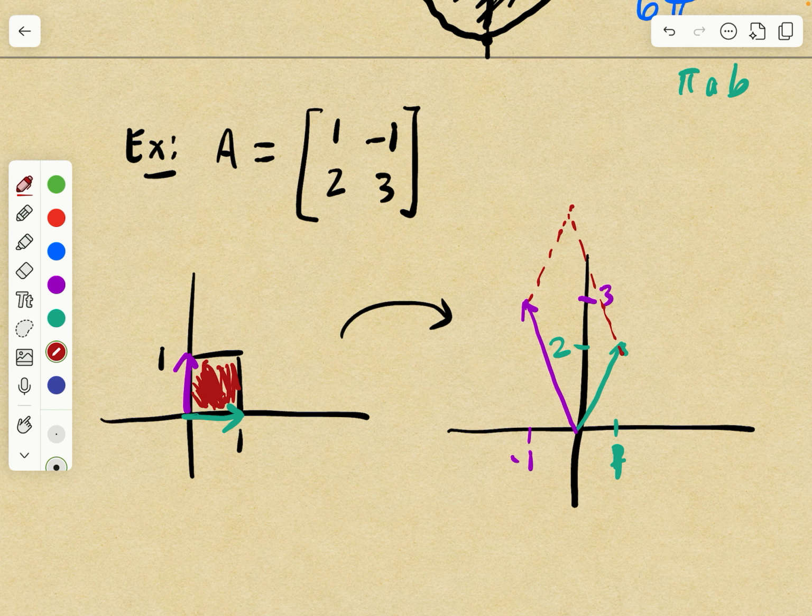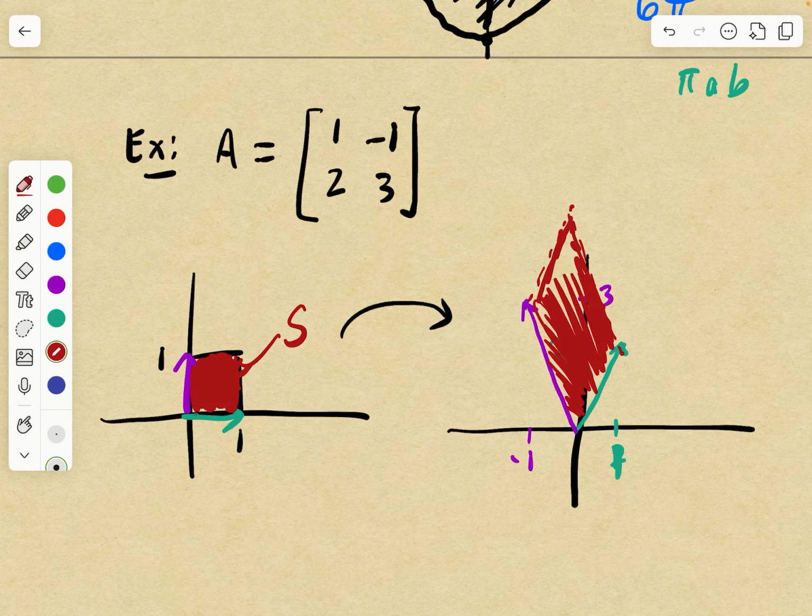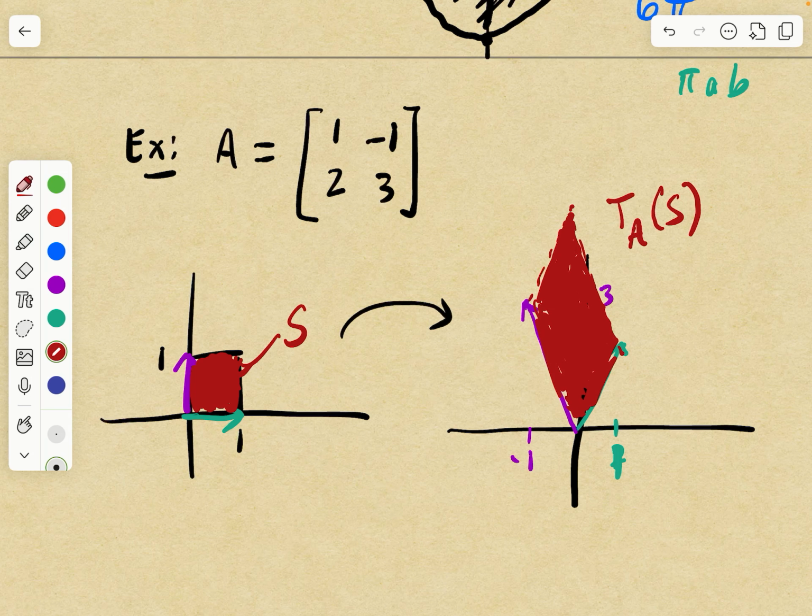This square, okay, let's call that S. The image is going to be this parallelogram. Let's call that T sub A of S, the image of the unit square.